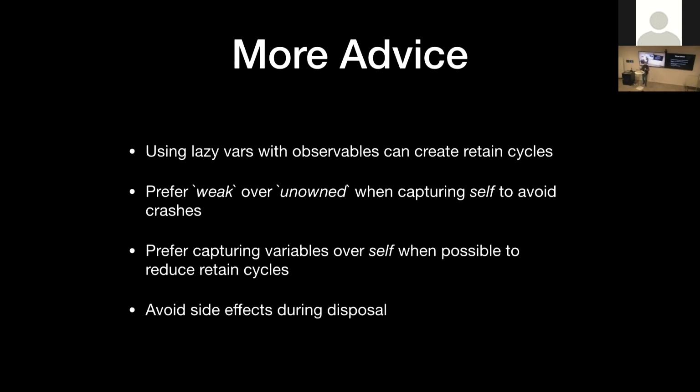Prefer capturing variables over self always. It will remove your retain cycles. And avoid side effects during disposal. When you dispose and you have some events that happen, it's also not very good. You never know which thread it's going to be executed on.